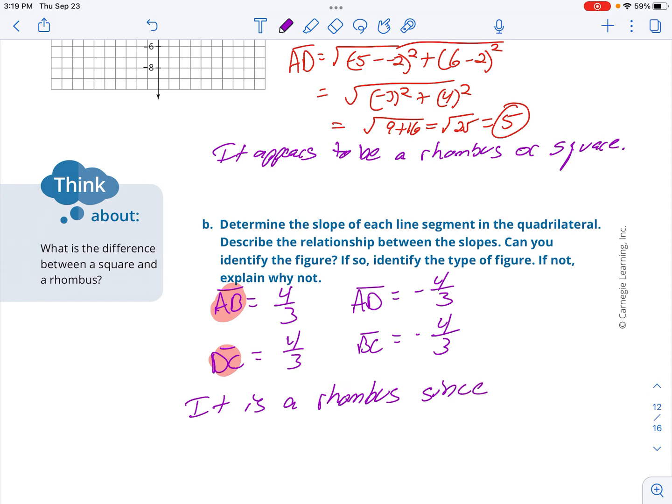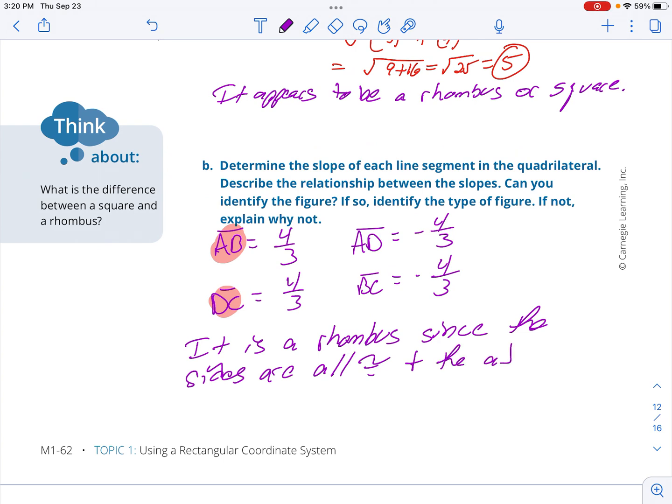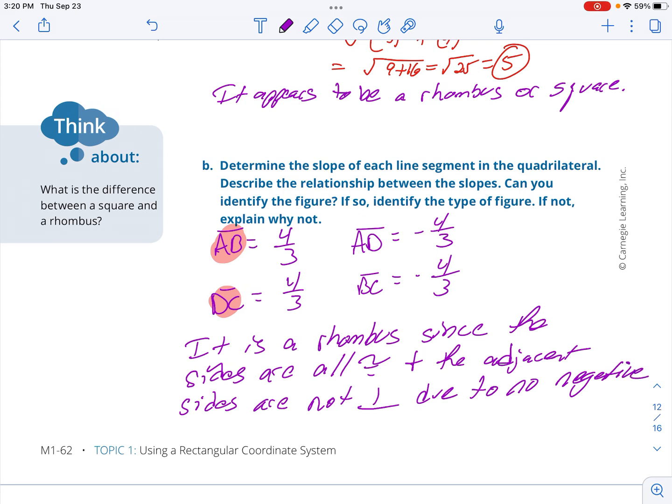since 2 things. Since the sides are all congruent, and the adjacent sides are not perpendicular due to no negative reciprocal slopes.